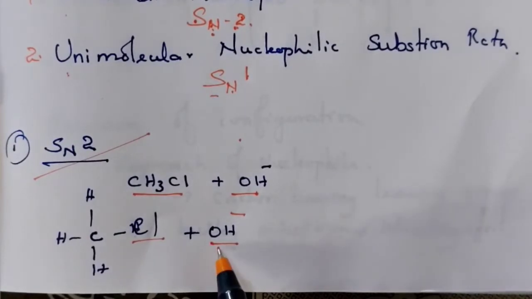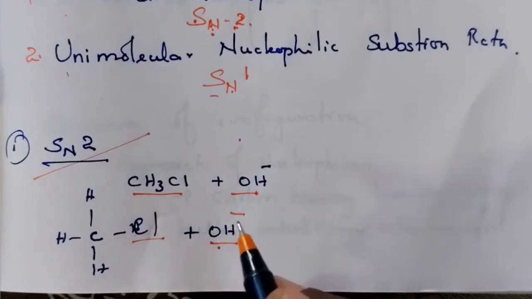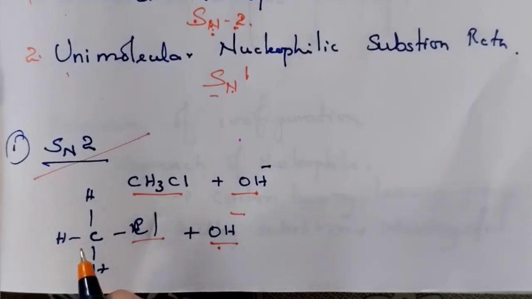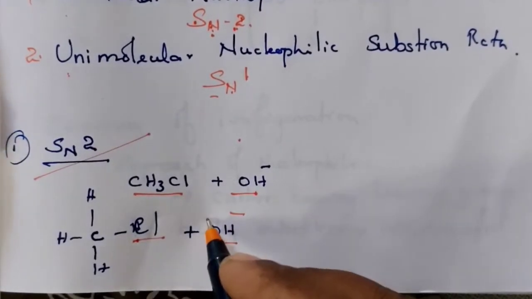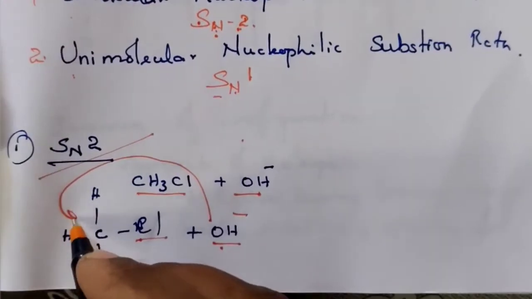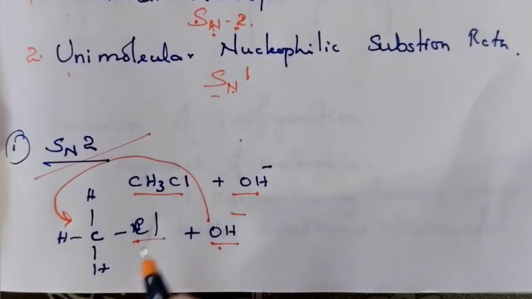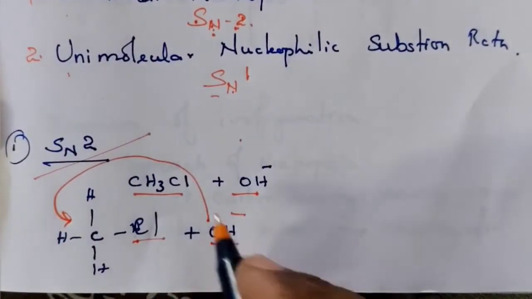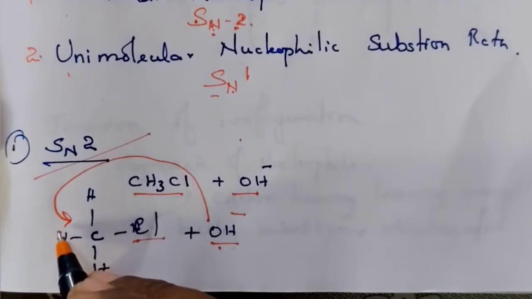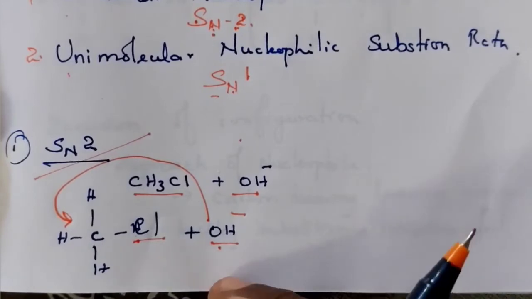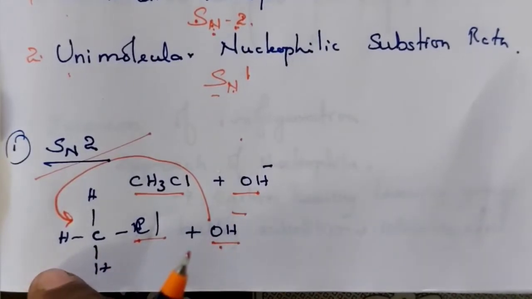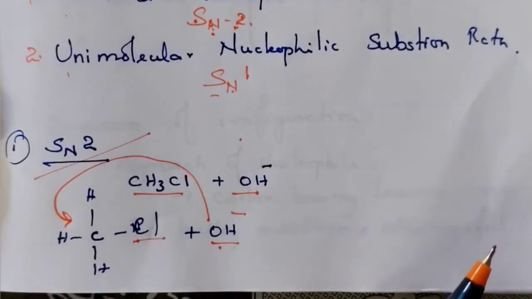So the nucleophile attacks the substrate molecule 180° apart from the leaving group. That means this OH group attacks the substrate molecule from the back side. So this attack is called backside attack. The nucleophile attacks the substrate molecule from the backside.